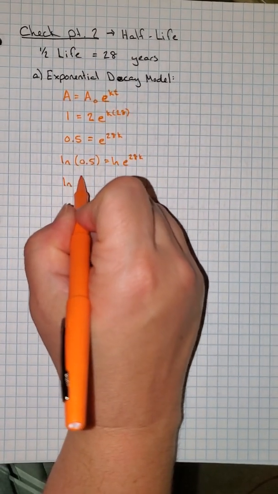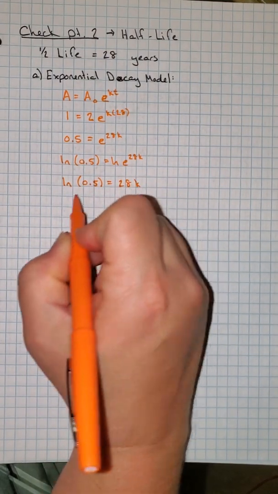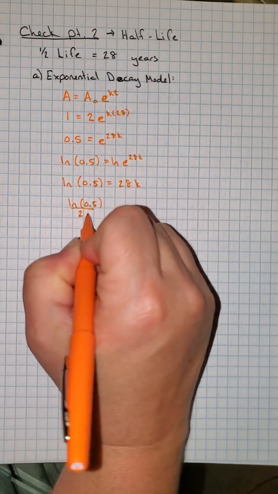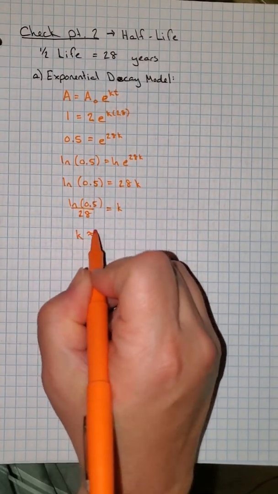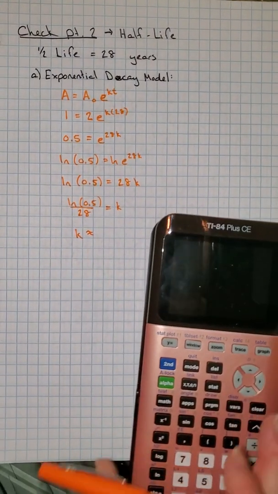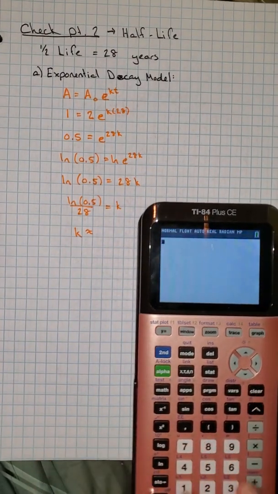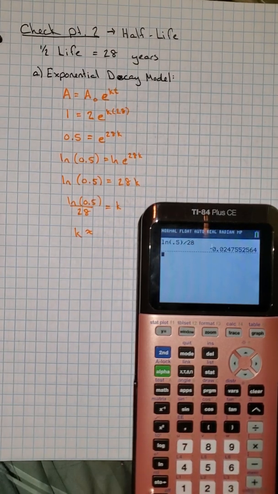So the natural log of 1/2 equals 28k. Divide by 28. So k is approximately the natural log of 0.5 divided by 28.